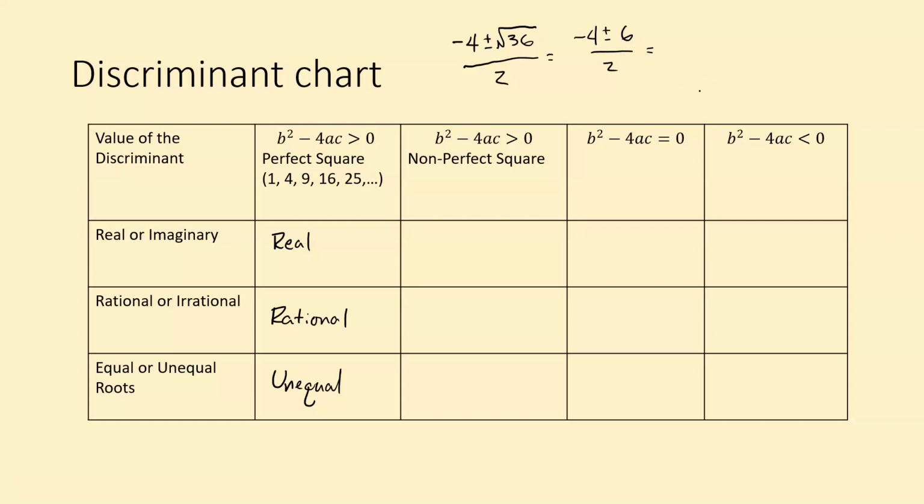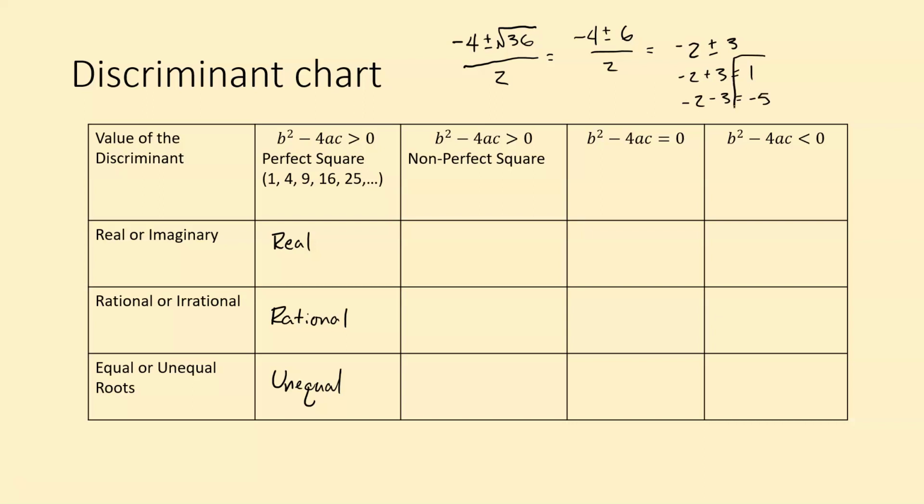And we can simplify that even further. -4 divided by 2 is -2. Plus or minus 6 divided by 2 is 3. So we have -2 plus 3, which is 1, and -2 minus 3, which is -5.